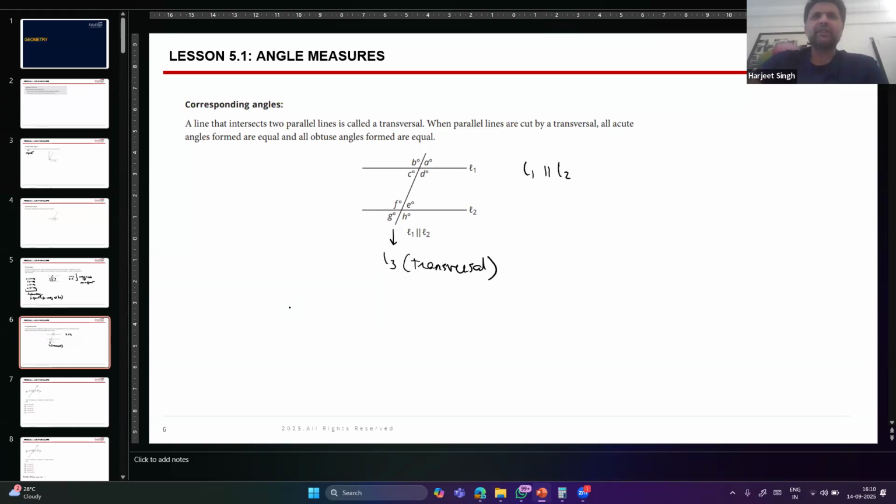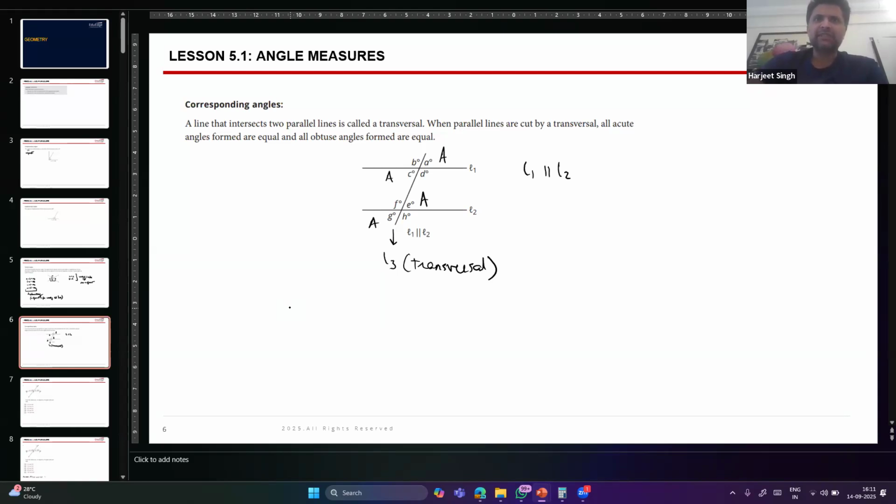So the rule is that whenever a transversal intersects this system of parallel lines, all the acute angles formed and the obtuse angles formed are the same, which means acute angles are A, G, C, E. AC, which are also vertical angles, opposite angles, and EG, which are also opposite angles.